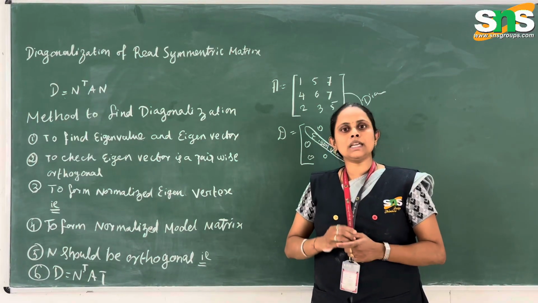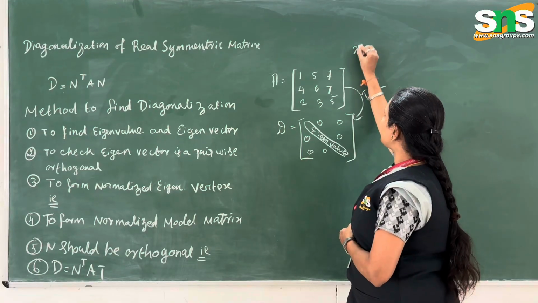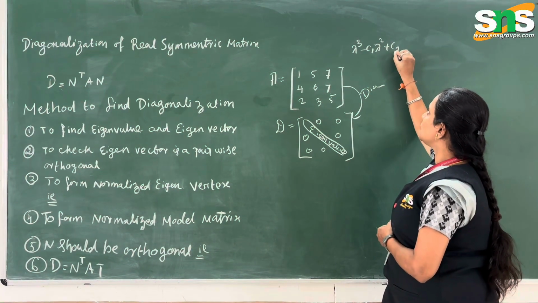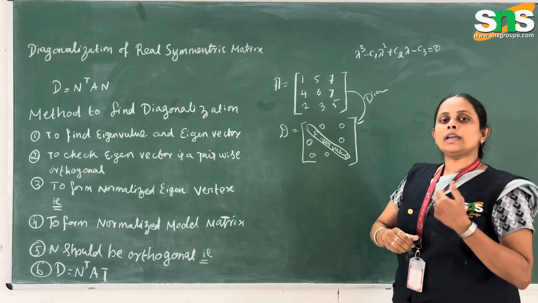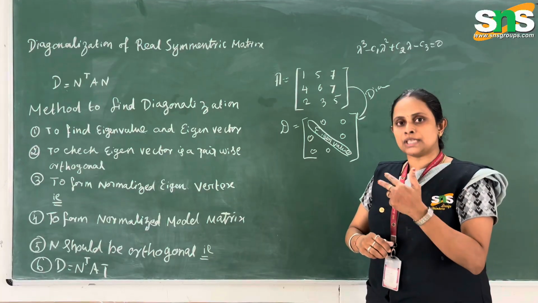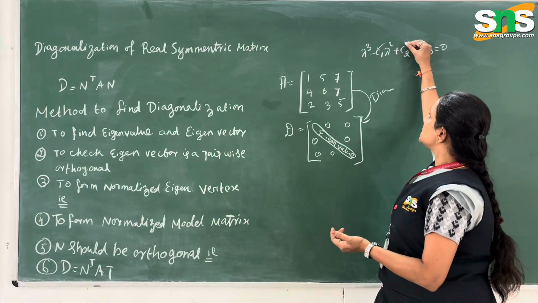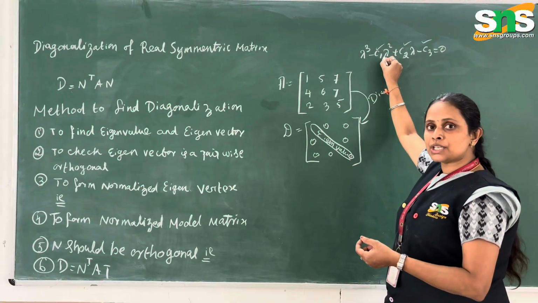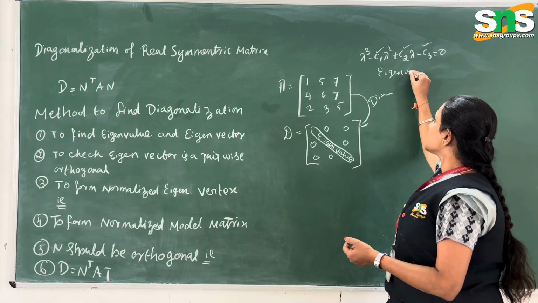For a 3 by 3 matrix, the characteristic equation is lambda cube minus C1 lambda square plus C2 lambda minus C3 equal to 0. We find C1, C2, C3, then solve this equation to get the eigenvalues. This is the second step.